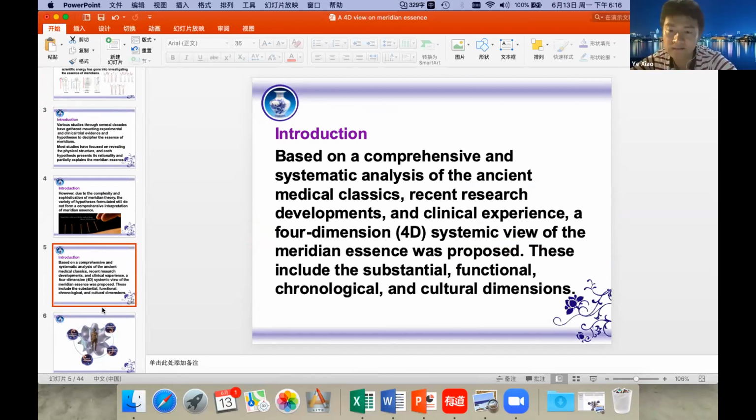Yeah, surely. I think Chengdu University of TCM have conducted lots of research on the meridian essence, and also from my article you can get the references for your interested field. Okay. Yeah, no, thank you for that.